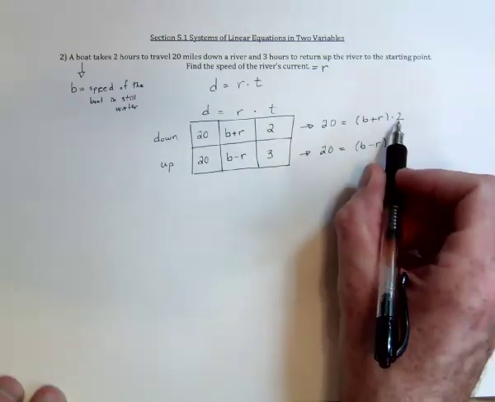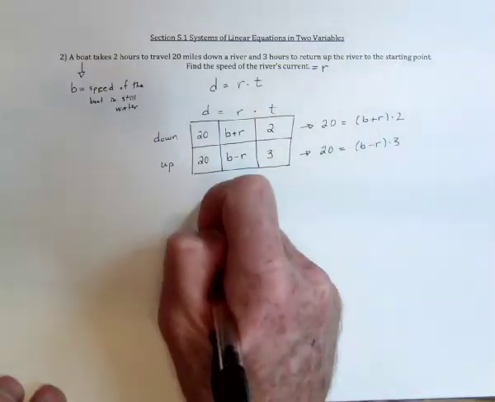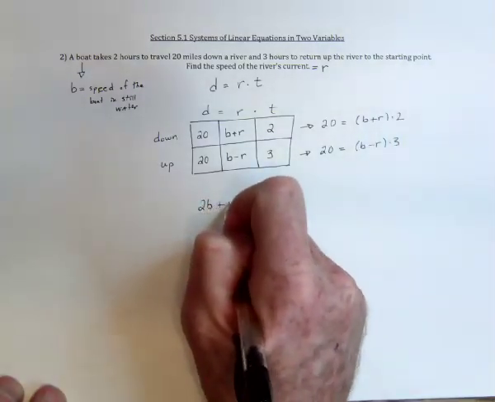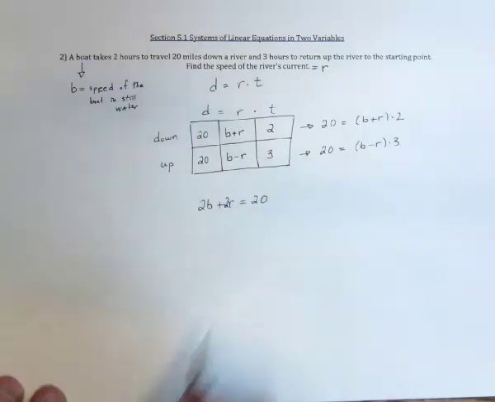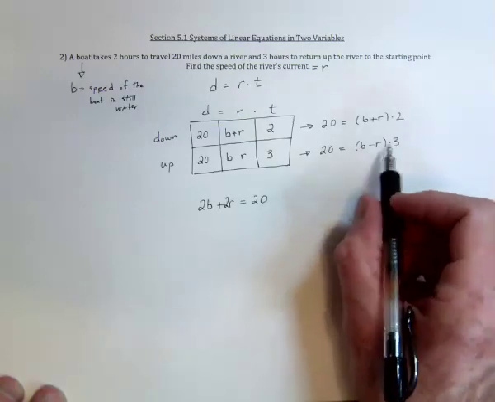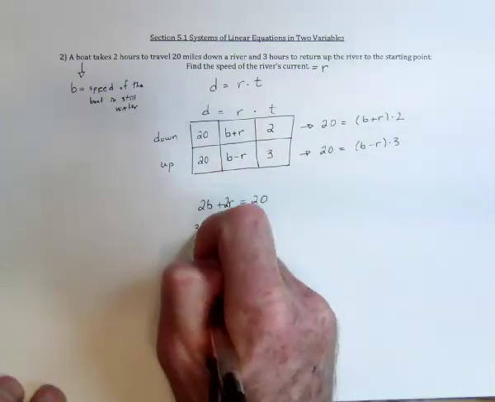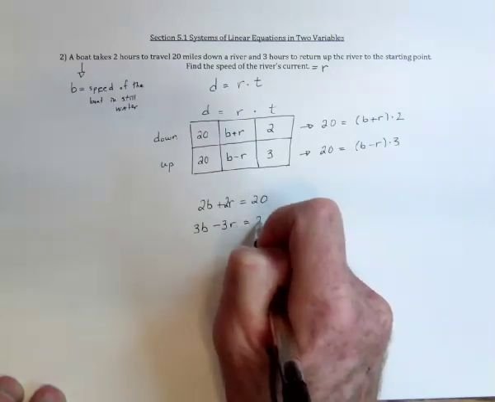And now we can distribute the 2, so there's going to be 2b plus 2r equals 20 for the first equation. Distribute the 3, so it's going to be 3b minus 3r equals 20.